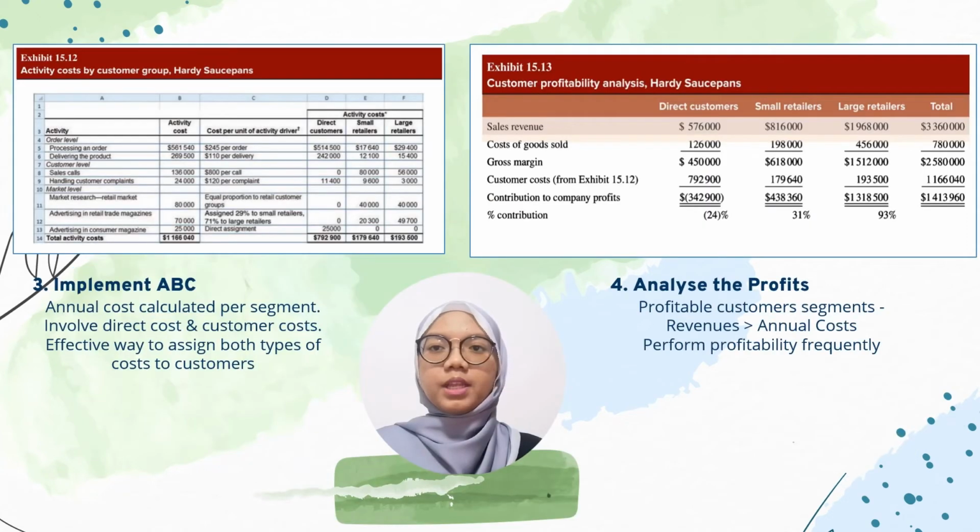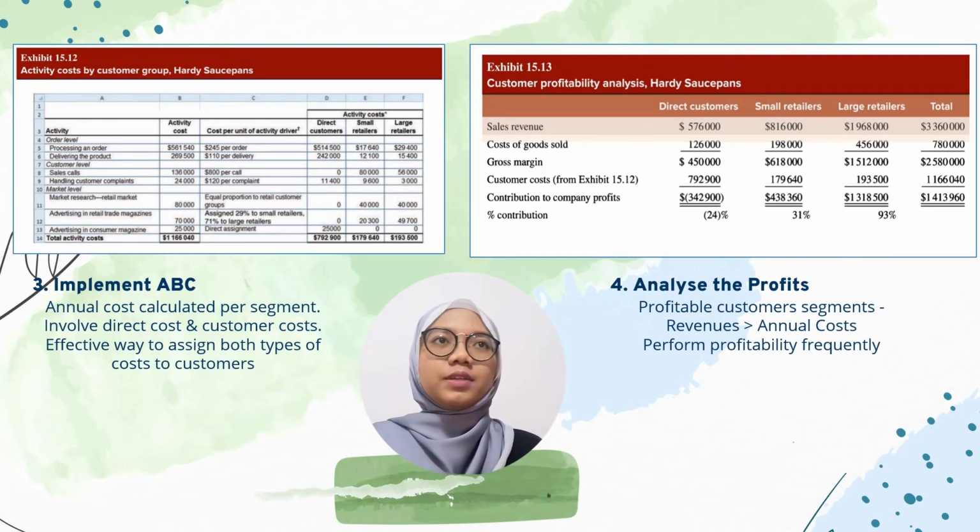Subsequently, identify the cost attributable to each customer segment by performing the ABC method, also known as the activity-based cost method. This is where the 3 customer-driven activities will be taken into consideration, and to determine the annual cost, it will consider the directly attributable cost and also the customer cost.